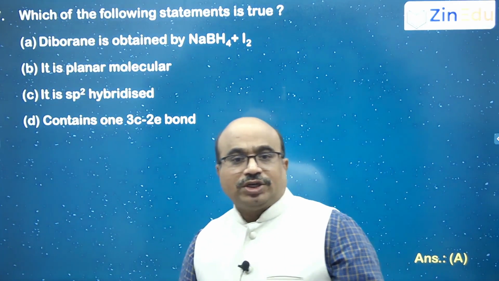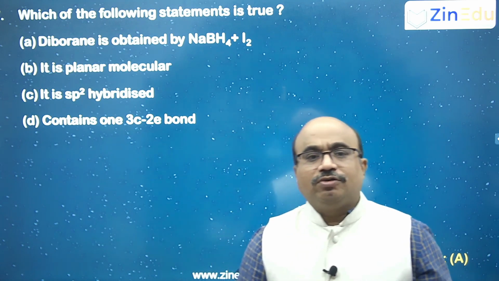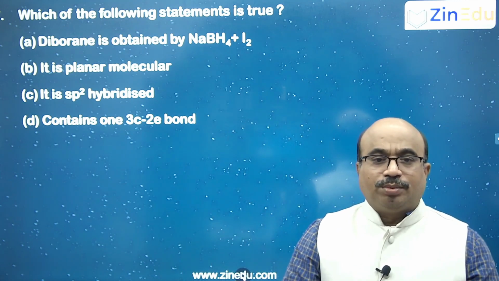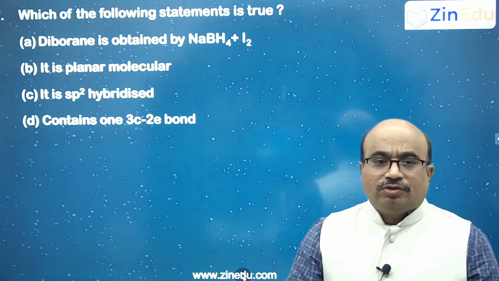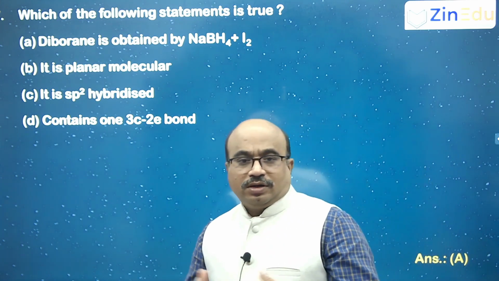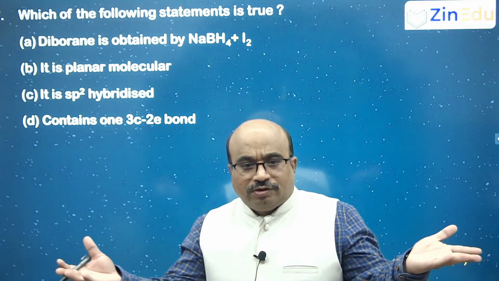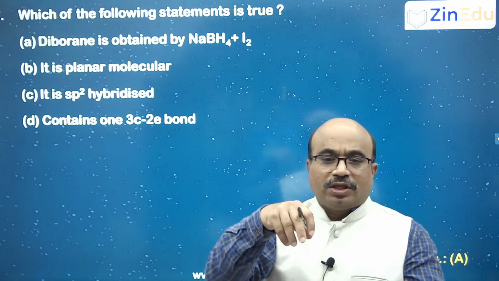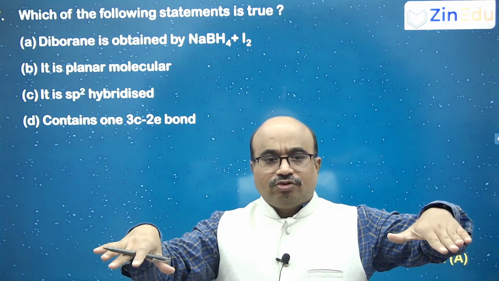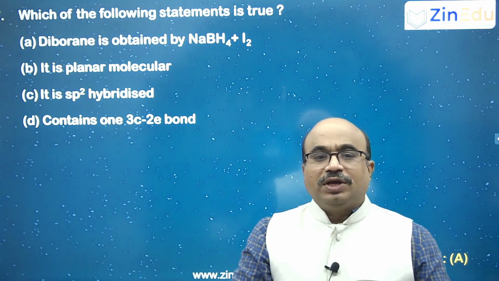Which of the following statements is true regarding diborane? All these are related to diborane. Diborane is obtained by sodium borohydride reducing boron halides. Is it a planar molecule? No, because BH2, BH2 exist and both hydrogens are above and below that BH2 plane. So we have bridged bonds. It is sp3 hybridized.